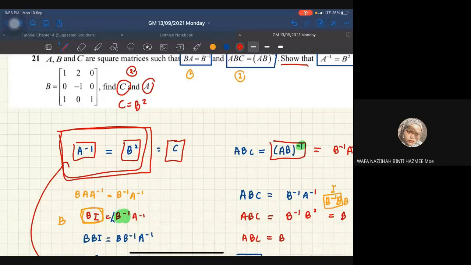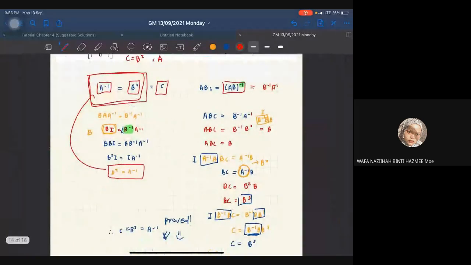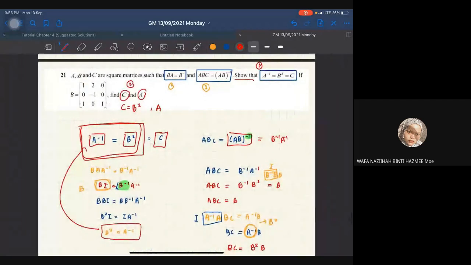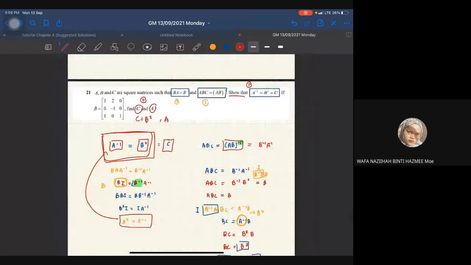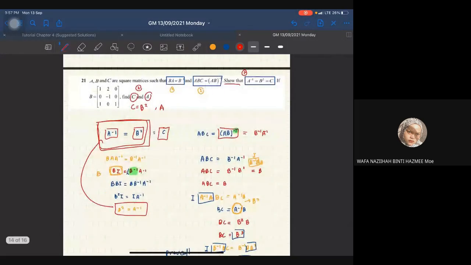Okay, and then awak boleh guna juga untuk cari A. Awak kena cari sendiri. Yang tu saya tinggalkan sebagai homework awak. Boleh ke? Boleh. Alright. So itu sahajalah discussion kita untuk soalan 4.4 pada hari ini.